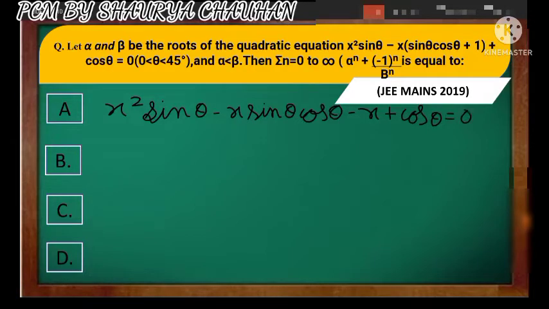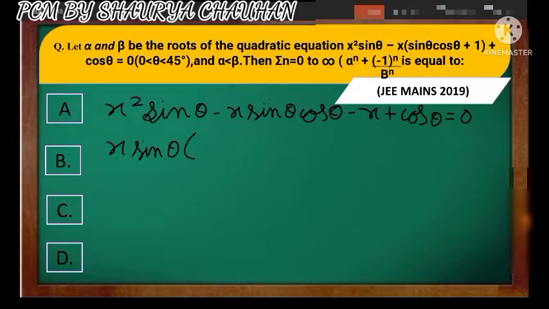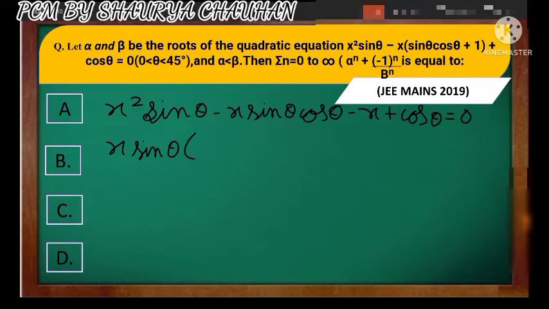By taking x sin theta common from these two terms, it will become x sin theta into (x minus cos theta), and taking minus common from these two terms, it will become minus of (x minus cos theta) equals 0.